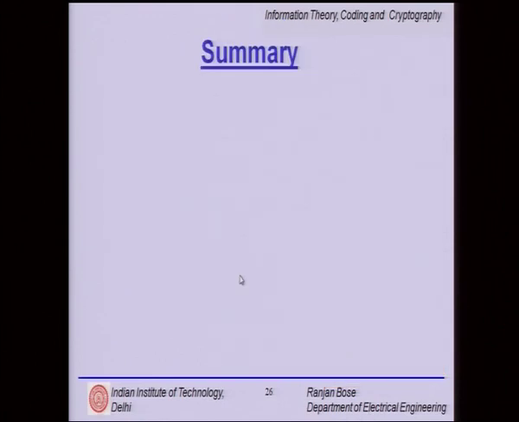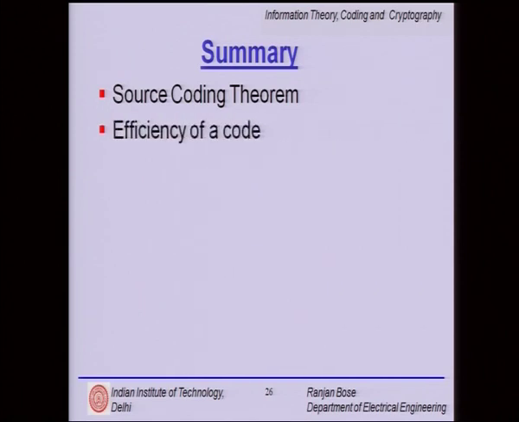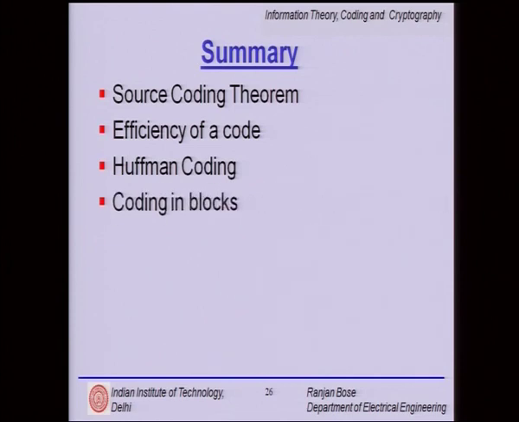So, we now come to the end of this talk. Let me summarize what we have done. We revisited the source coding theorem. We talked about the efficiency of a code, very important, closely linked to compression. Then we looked at Huffman coding. We finally looked at an example of why coding in blocks helps, and we of course looked at several examples throughout today's lecture.